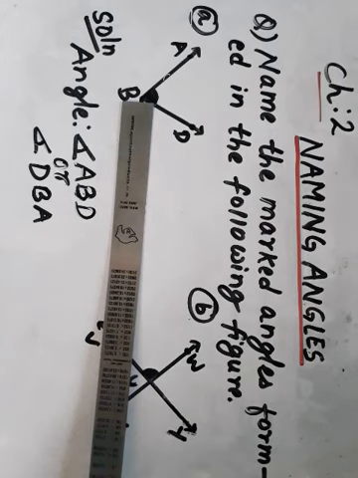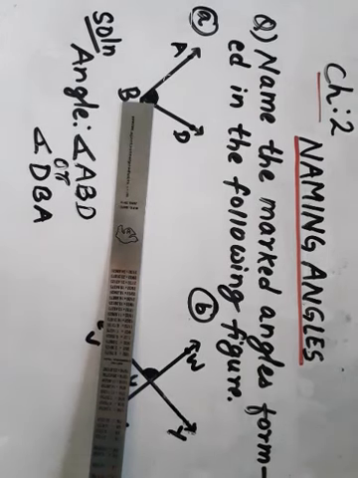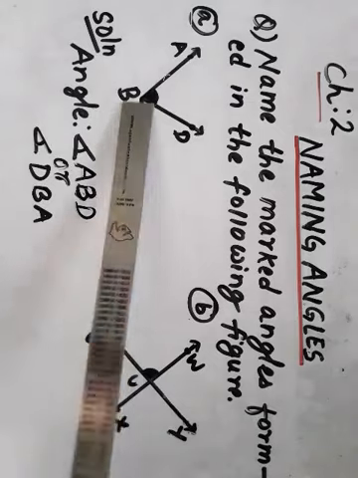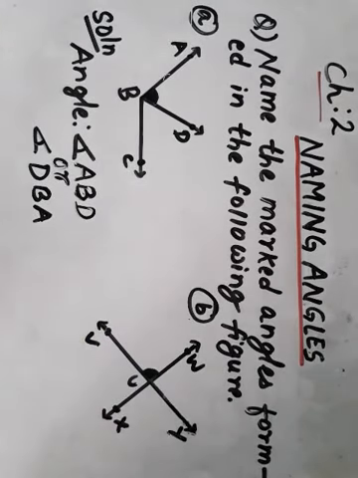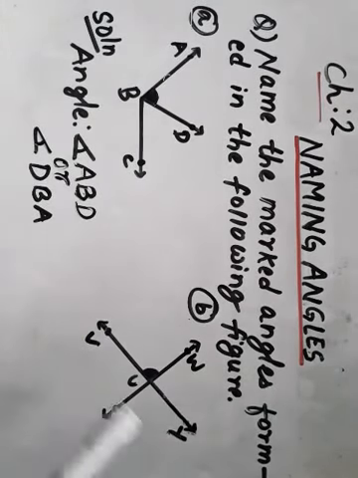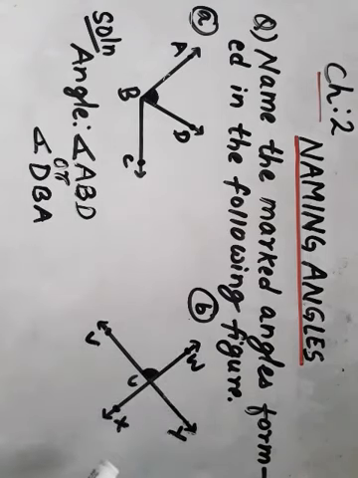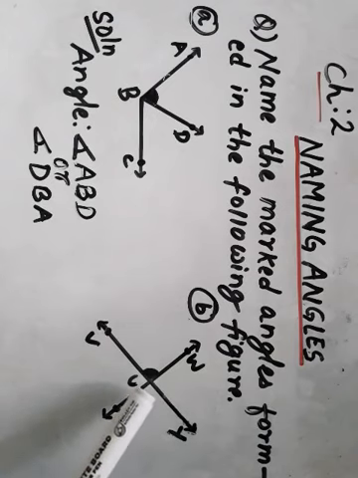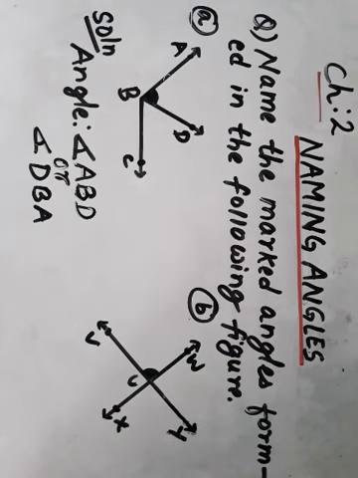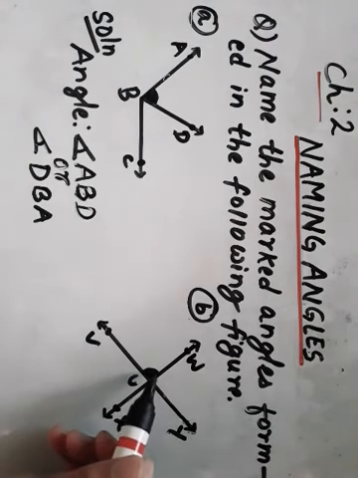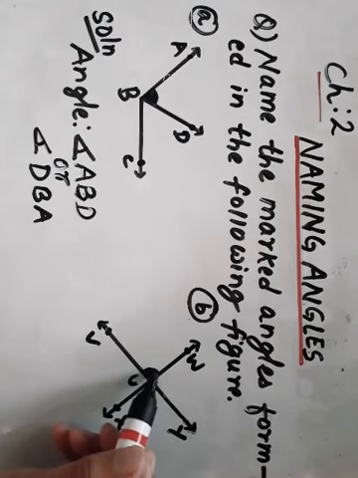So students, similarly in question number B, you can see there are two lines, VY and WX, which have intersected at point U. Now you are supposed to name this marked angle.